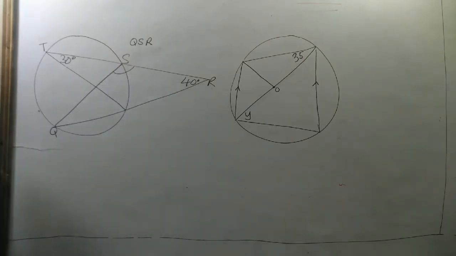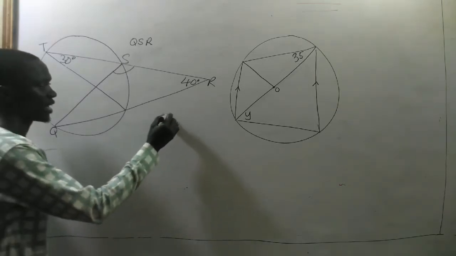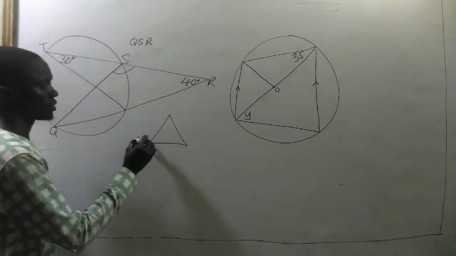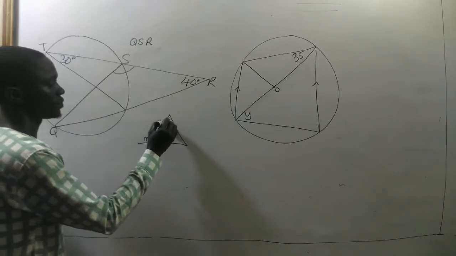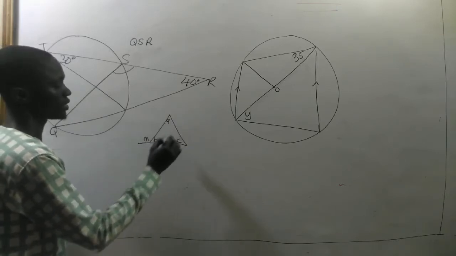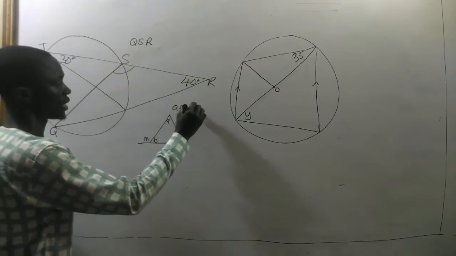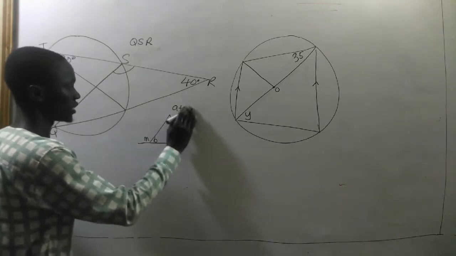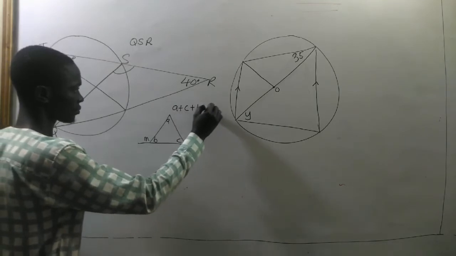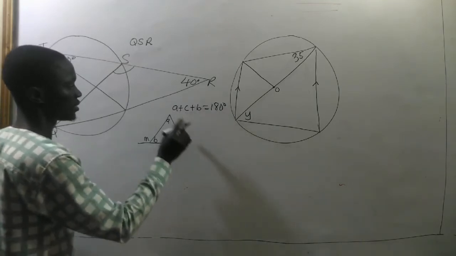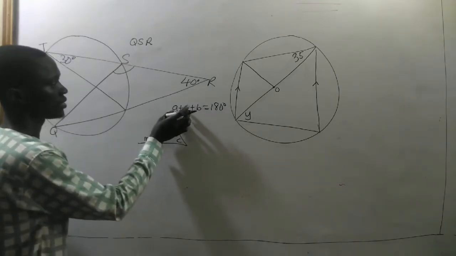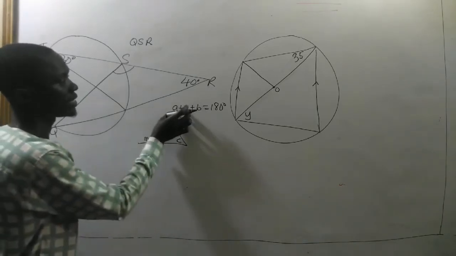Now, this one is pretty cool for us to do if you know this property. Check this property out. If I have a triangle, let me name it M, A, B, C. Now, the sum of the angles in the triangle, A plus B plus C, is 180 degrees. Let me make A plus C the subject.